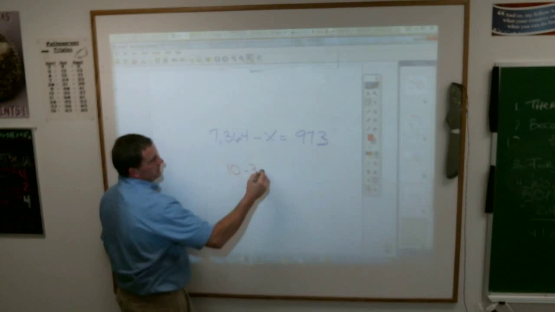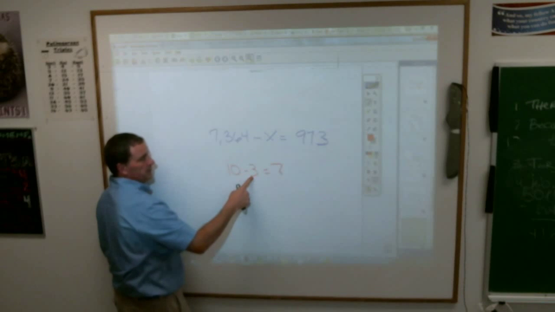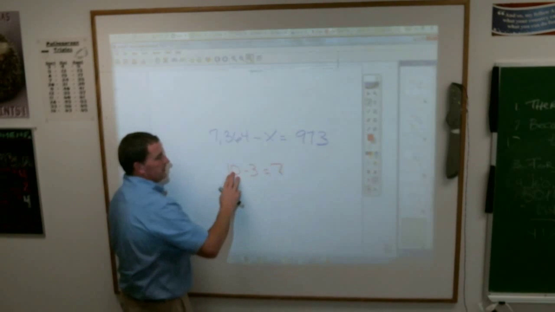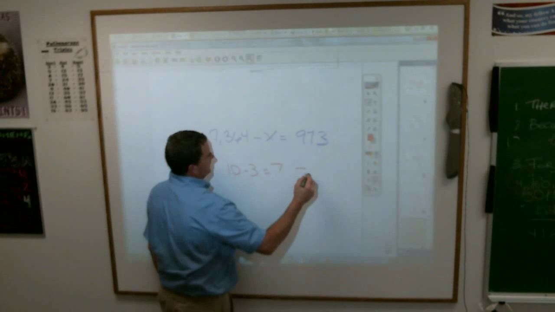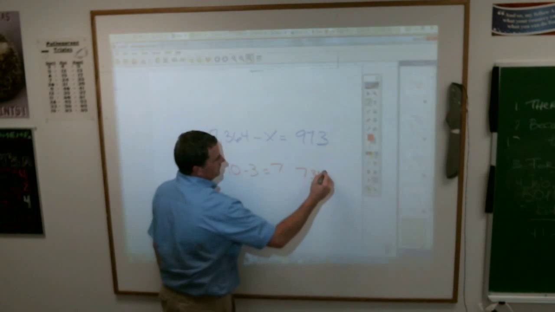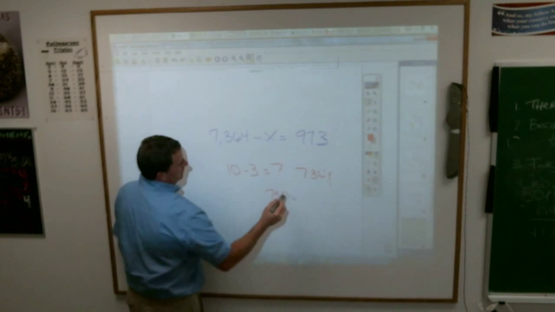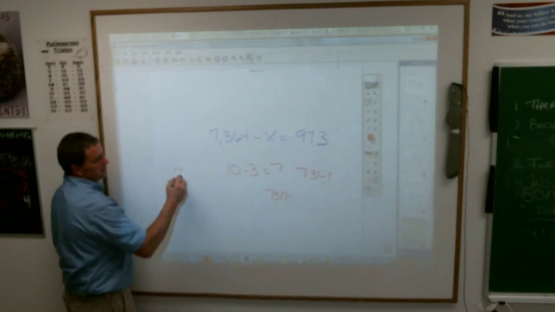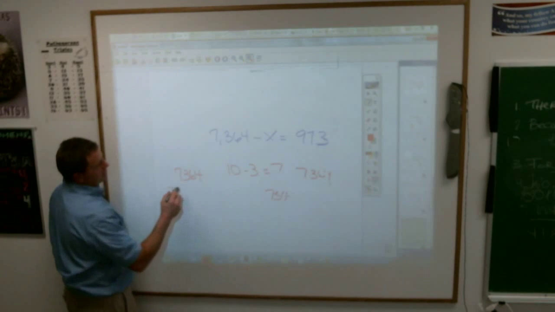10 minus 3 equals 7. If I'm missing the middle here, what do I do with 10 and 7 to get 3? Subtract. So I'm going to take 7,364 and subtract 973.